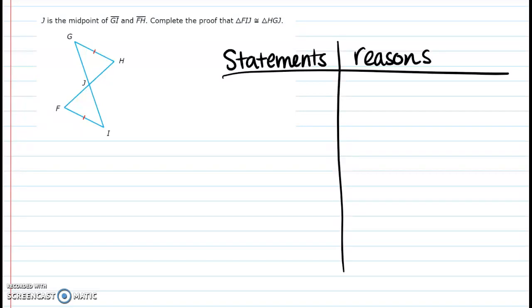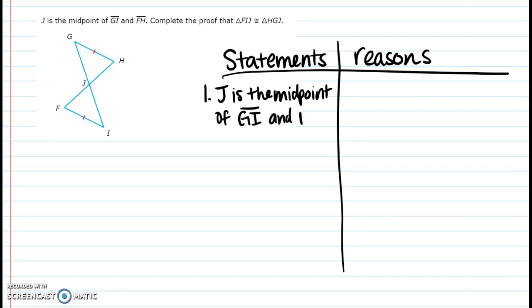Alrighty, I see I have a figure here, and I'm given a couple things to start off with for my two-column proof. So the very first thing that I'm going to write is that J is the midpoint of GI and FH.